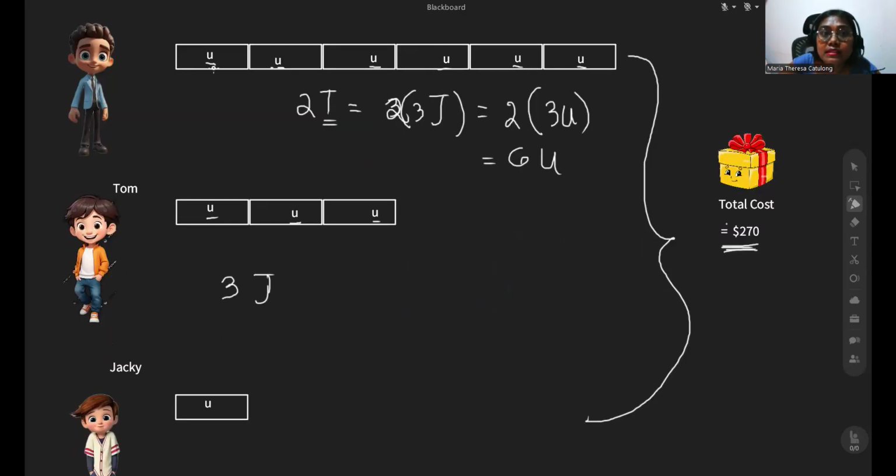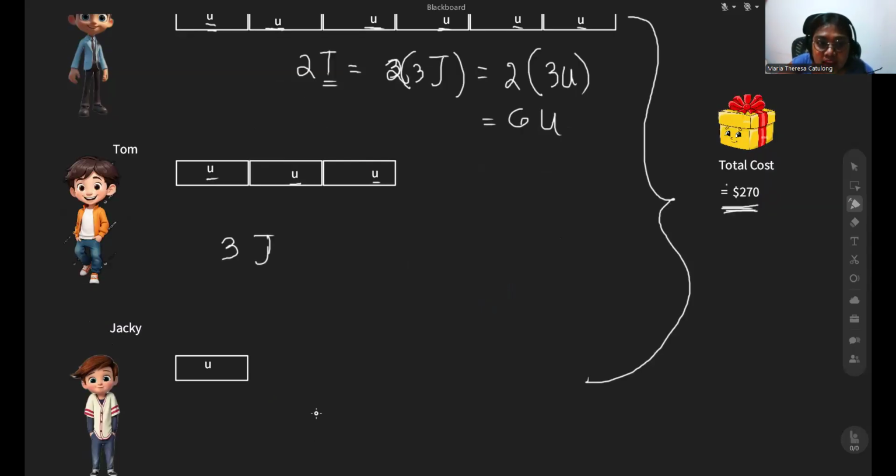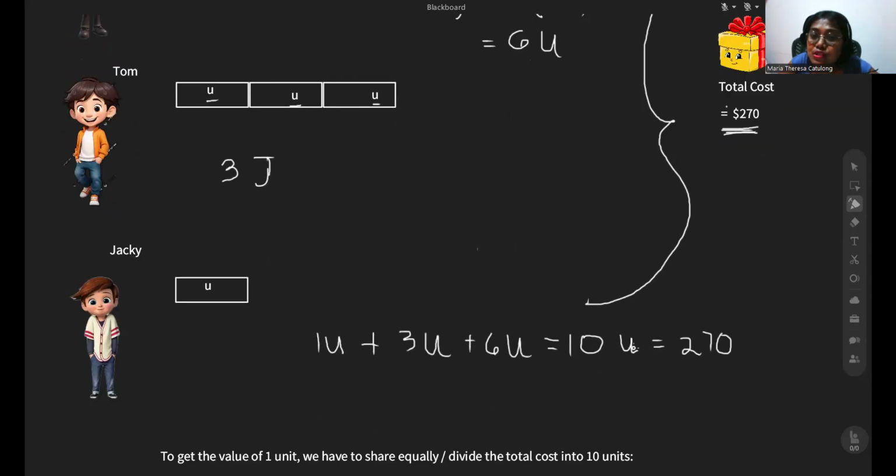The 10 units come from the total number of units. We add: Jackie has 1 unit, Tom has 3 units, and Paul has 6 units. That is a total of 10 units. And 10 units is equal to the cost of the gift, $270.